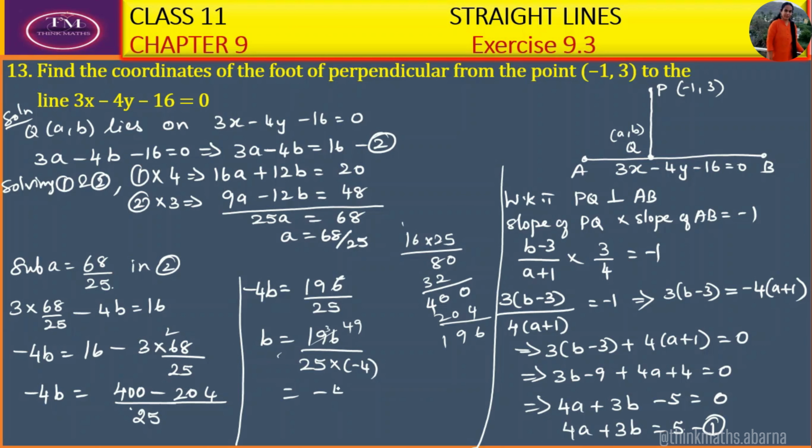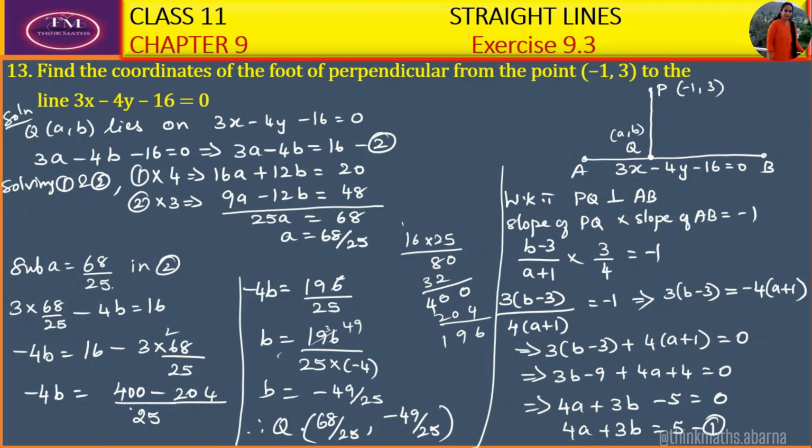So we'll get minus 49 by 25. So b is equal to minus 49 by 25. So the point Q, which is the foot of the perpendicular, is A comma B. So A here is 68 by 25, B is minus 49 by 25. So these are the values of Q, which is the foot of the perpendicular.